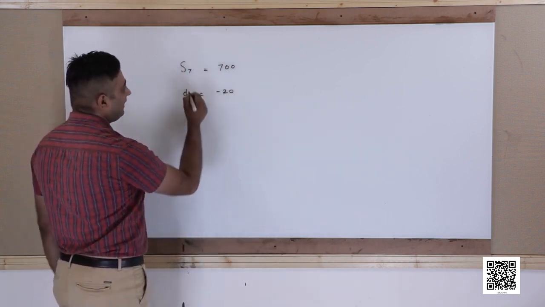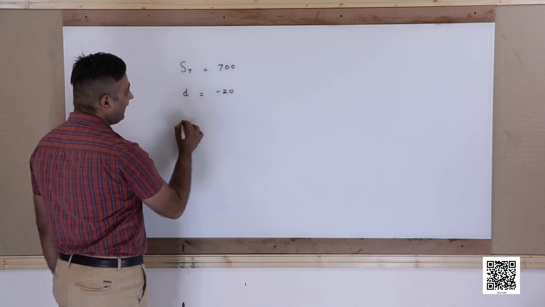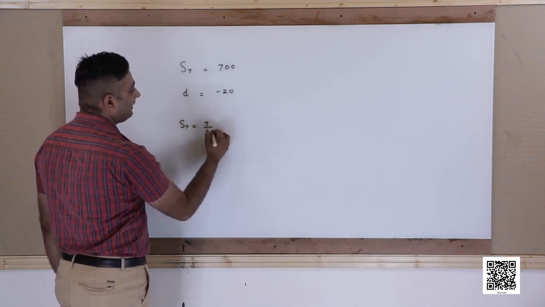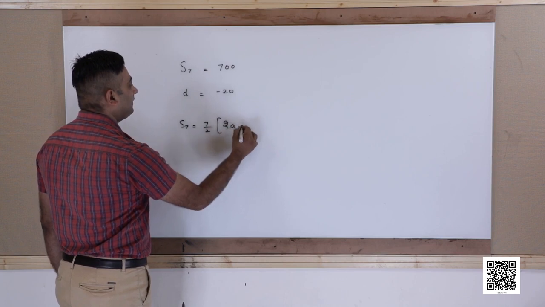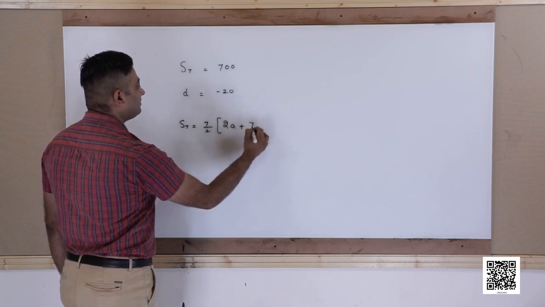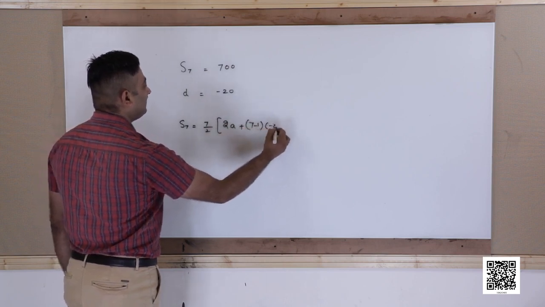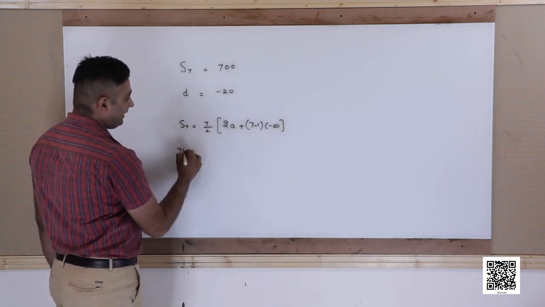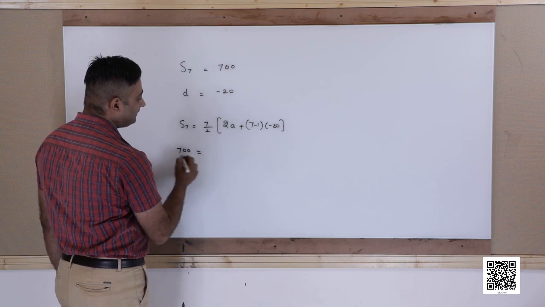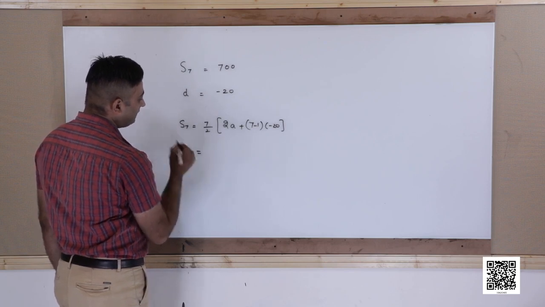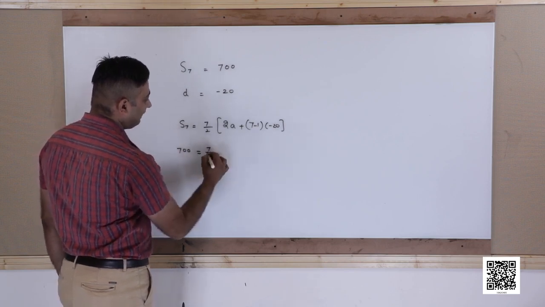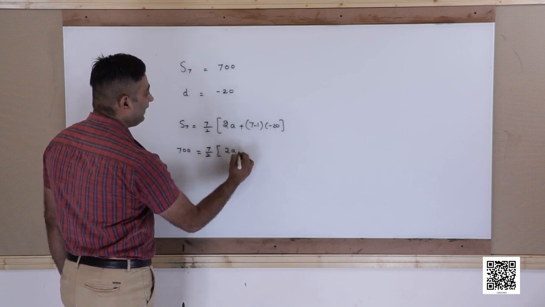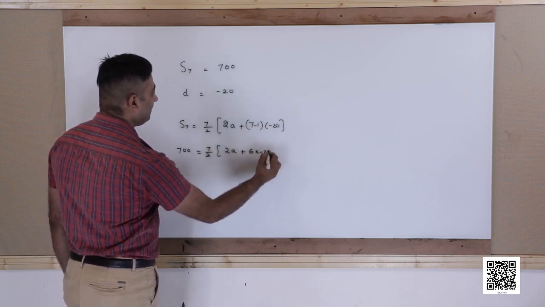So we can apply the formula S7 is equal to 7 by 2 (2a plus (7 minus 1) into d), that is minus 20, to find the value of a. Now S7 is 700, that means the sum of first 7 terms, that is 700 is equal to 7 by 2 (2a plus 6 into minus 20).